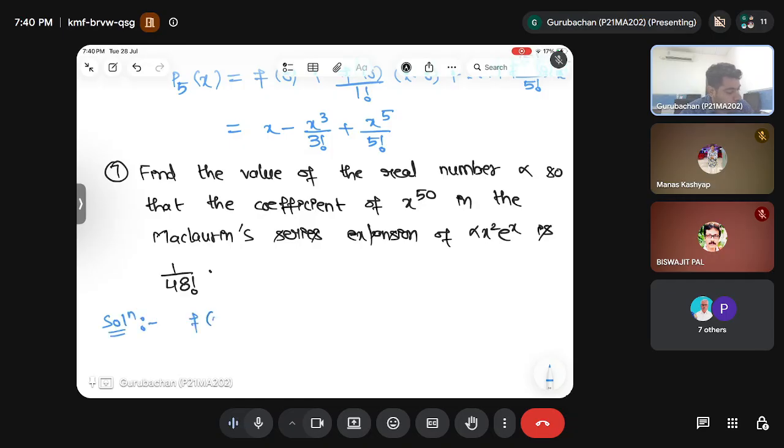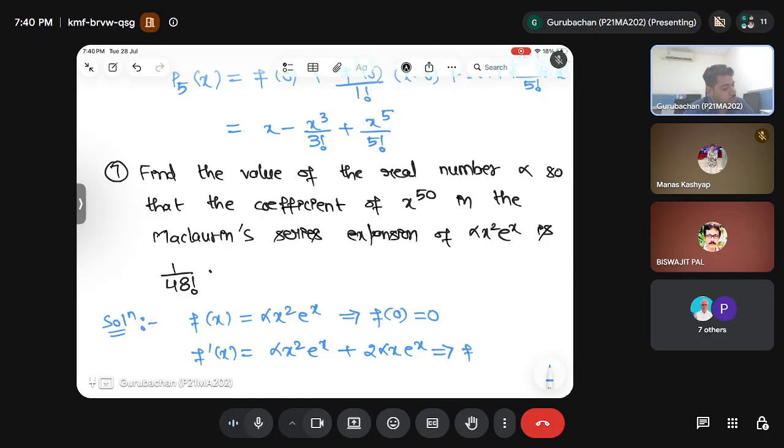What is f(x) here? Alpha x square e to the power x. So what will be the value of f(0)? Obviously 0. f'(x) will be alpha x square e to the power x plus 2 times alpha x e to the power x.